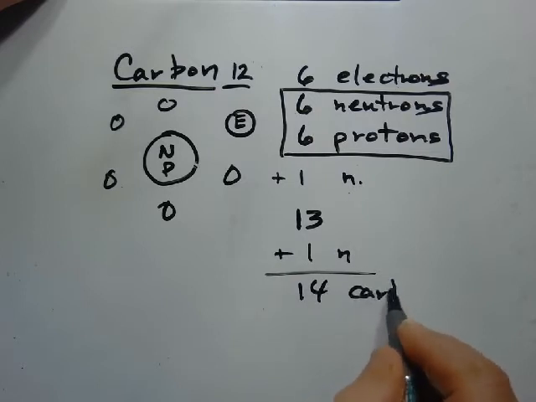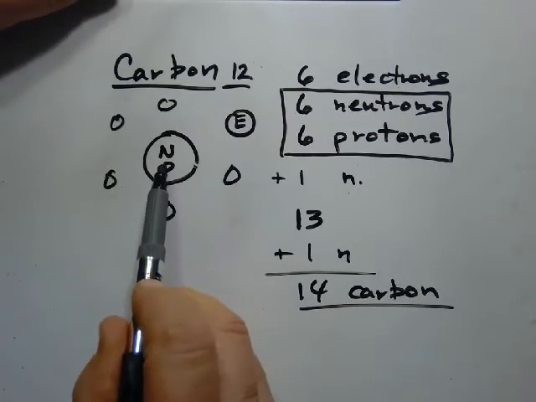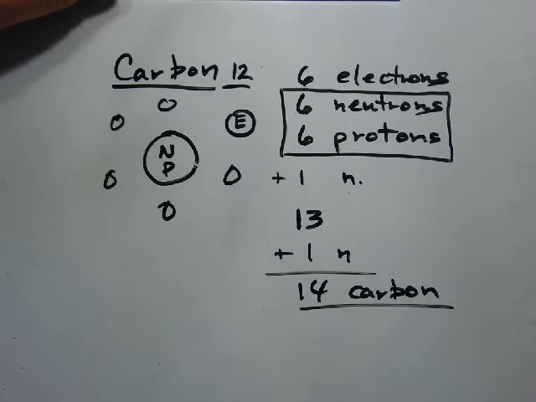And carbon-14 is an unstable element. In other words, it doesn't like this discrepancy between the neutrons, the protons, and the electrons, because they want to have an equal number so that they're stable.